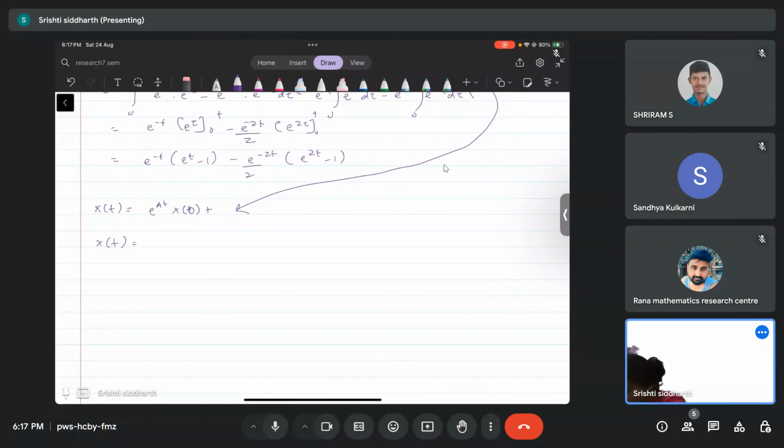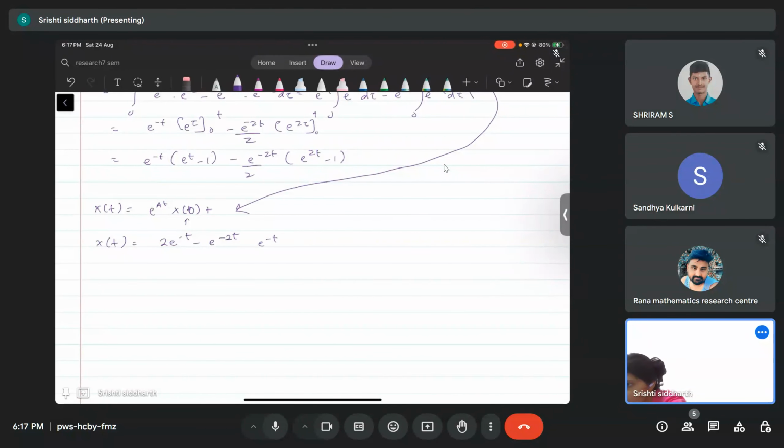So this is 2 e to the power minus t, and I'm going to write down the state transition matrix right now because we have to multiply by x naught.